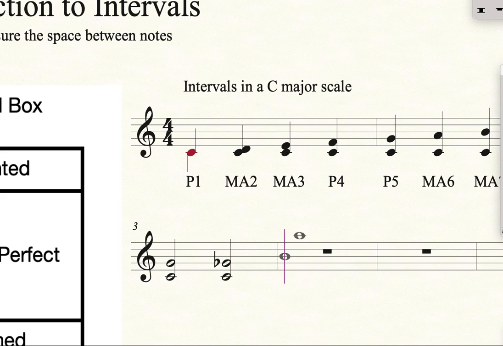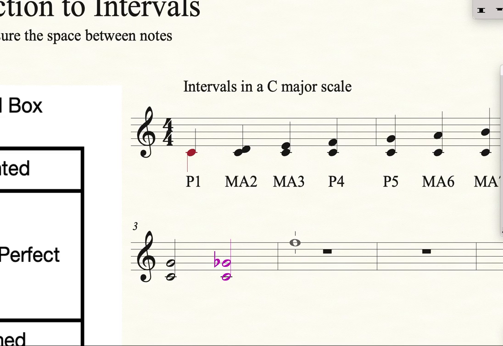And no matter where the notes are on the page, every number is just counting the distance between the two notes starting at 1. 1, 2, 3. This is a third. This is a sixth. 1, 2, 3, 4, 5, 6.